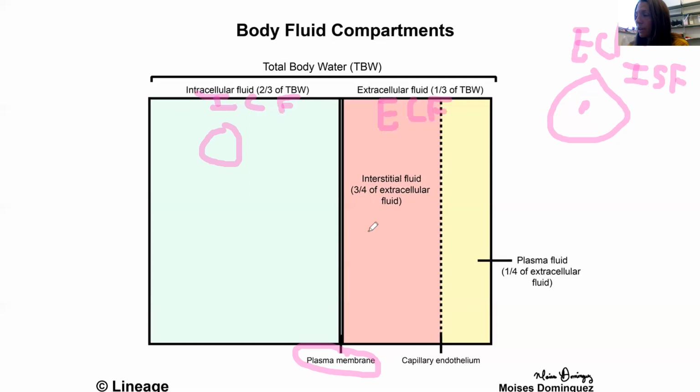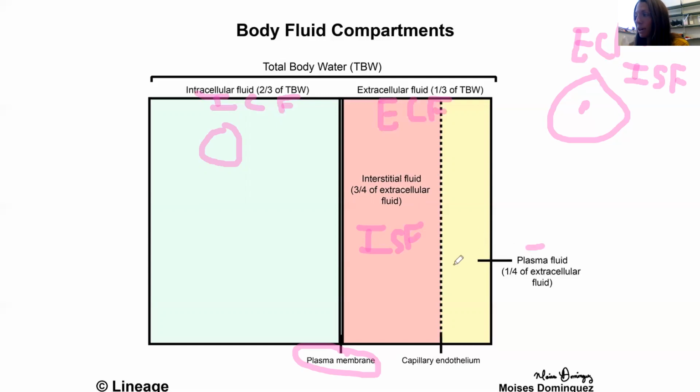It is going to be most often the fluid compartment that is directly surrounding these cells. Then the other component you have is going to be the plasma fluid.